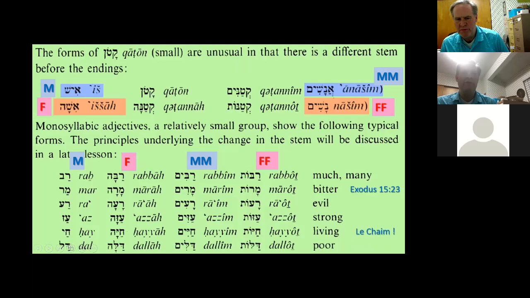Okay, dal means poor. So if you're a poor man, it would be ish dal. If you're a poor lady, that would be isha dala. Or dalim or dalot. Is this making sense? Hopefully this is making sense to y'all.